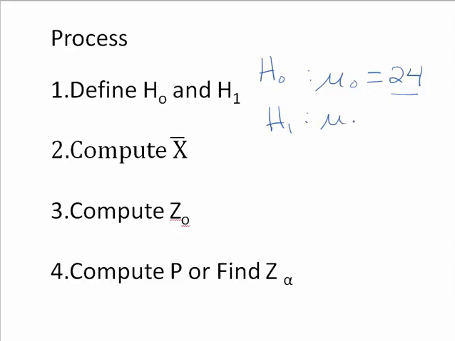And our alternative hypothesis in this case is going to be that mu naught is greater than 24. So essentially what we're trying to do is see whether or not the US Airways 747 fleet is the same as Delta's, or if it's greater than. So again, we're going to compute x naught, we're going to compute z naught, and then we're going to compute p and ultimately find z alpha.